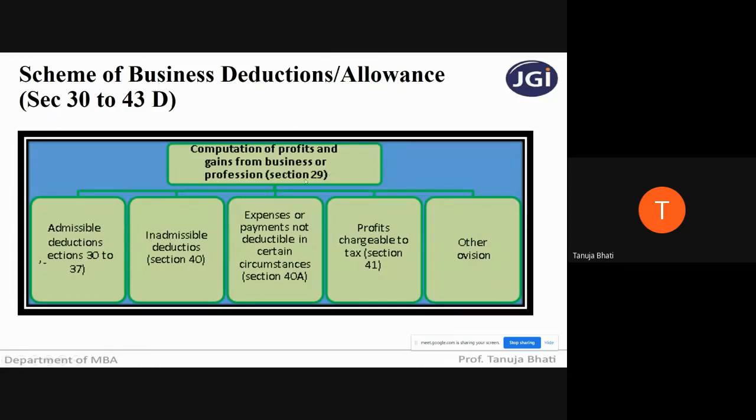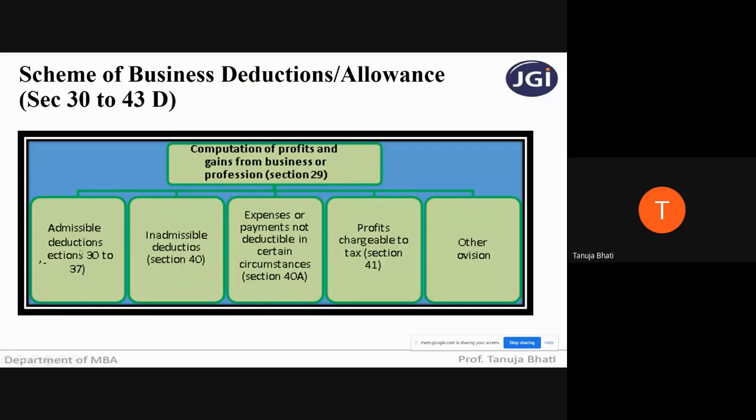This is very, very important, because once you remember what is to be added to the net profit and what is to be deducted from the net profit, easily you can solve any sum on profits and gains from business or profession. We know that the computation is covered under section 29, and from section 30 to 43D we have certain deductions and allowances.